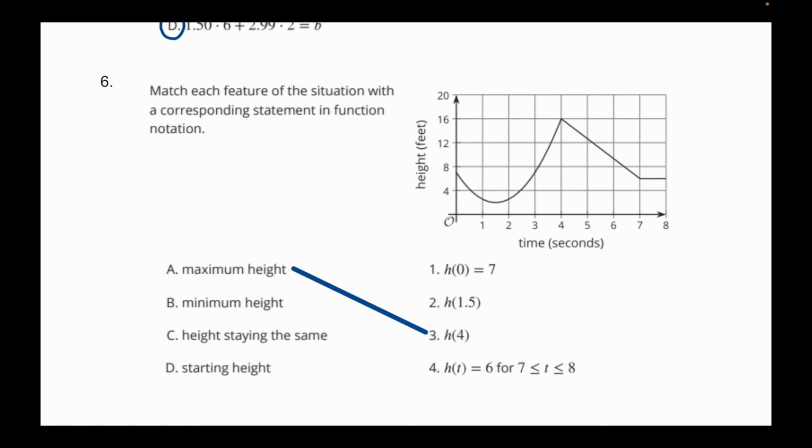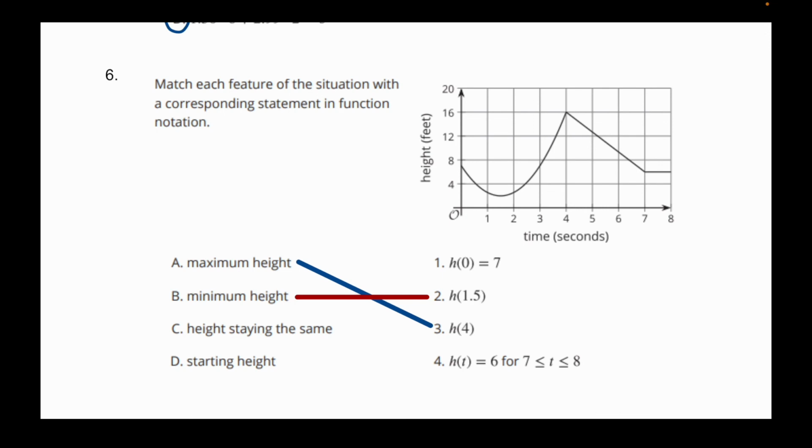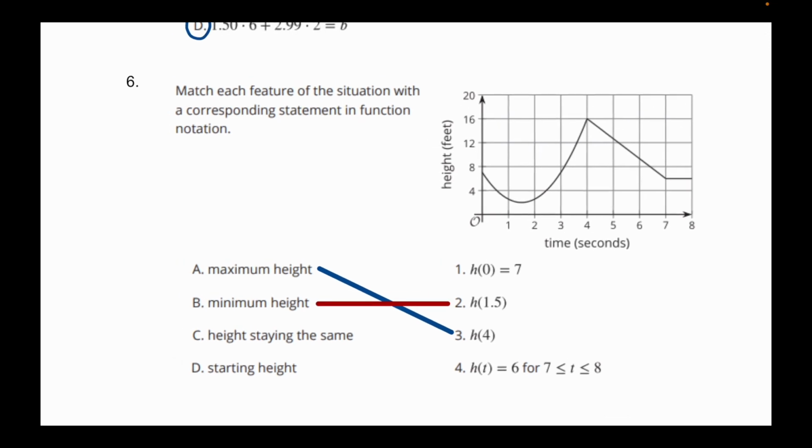The minimum height, that looks like it happens right here. And so that looks around 1.5 seconds. So minimum height, 1.5 seconds. This one's just going to go straight across. Where the height stays the same, so staying the same, that's going to be right here where it's flat.